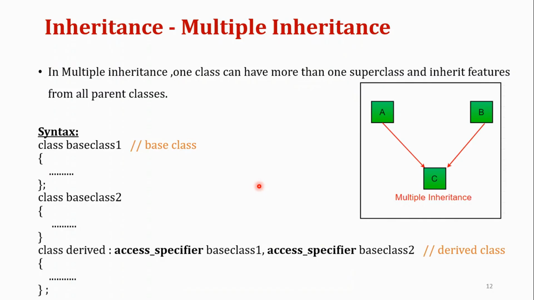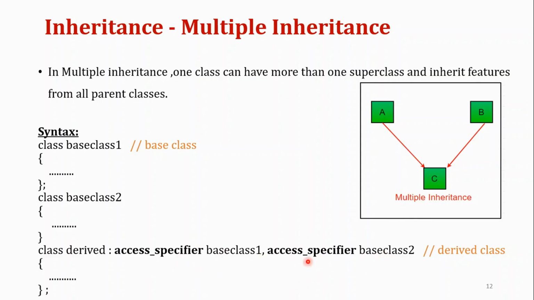And the next type is multiple inheritance. By the name itself, multiple base classes. Remember that: multiple inheritance means multiple base classes. So A and B are the two base classes inherited to the third class C. Base class 1 is defined, base class 2 is defined, and in the derived class, in a comma separated list, two classes are inherited, each with its mode of inheritance.